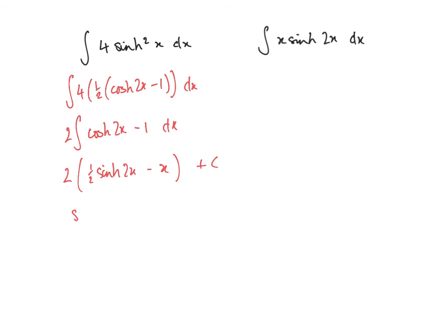And so overall that ends up being 2x minus sine 2x plus c.